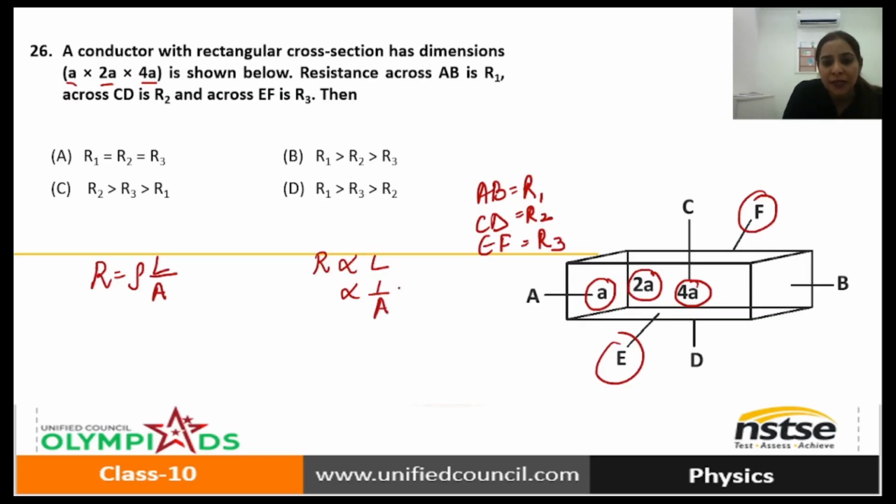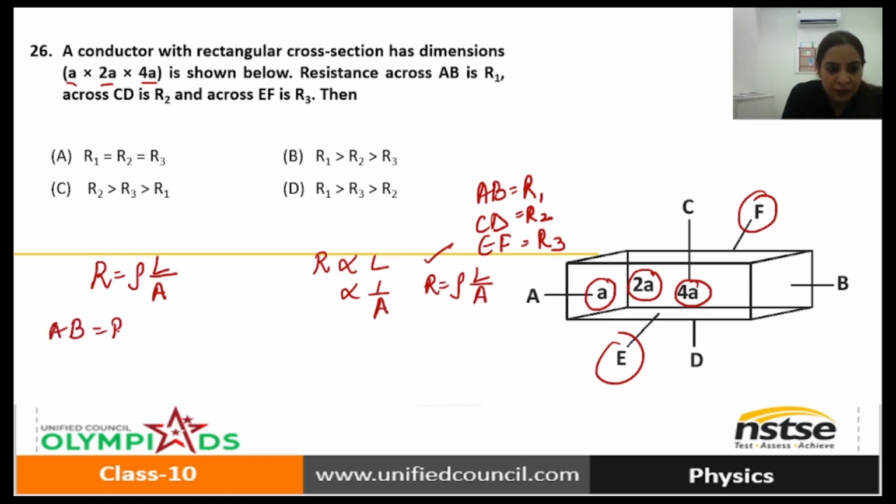So when we club this, the constant rho comes out, which is called resistivity, and the relation comes out to be this. So by using this formula, we can find the value of R1, R2 and R3, and then the clear picture will be in front of you of how we can arrange these resistances. So now let us find for AB.